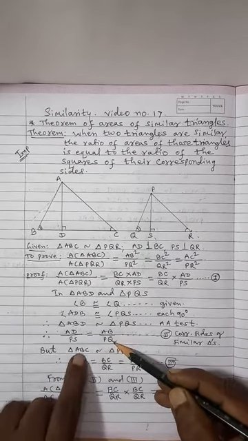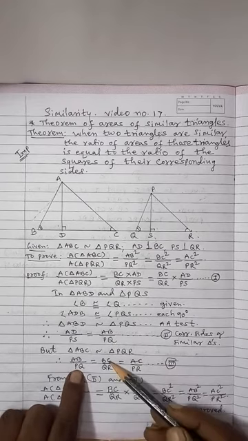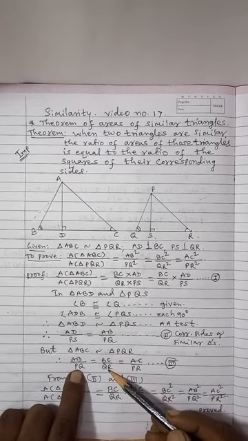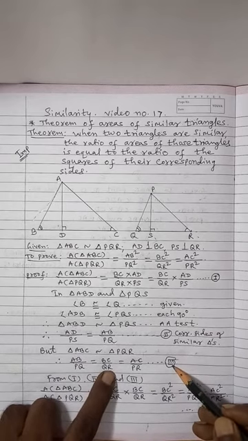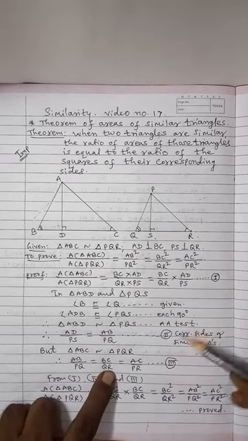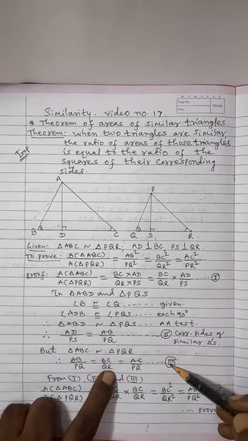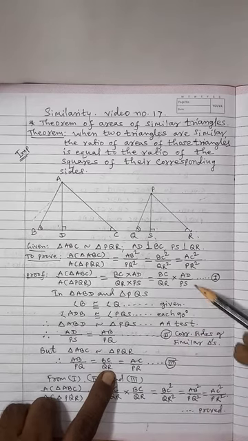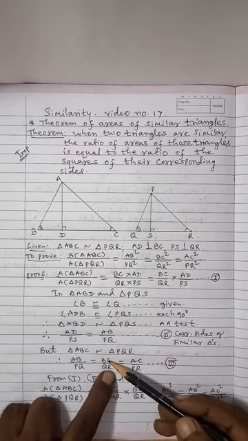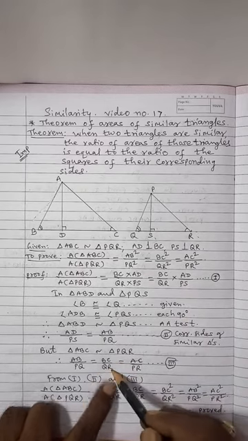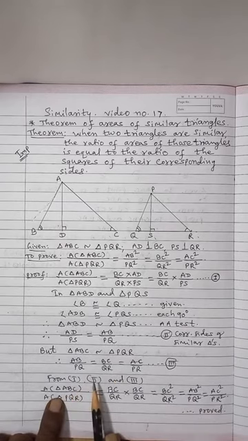But AB upon PQ is BC upon QR, from result number 3. So from 1, 2 and 3, this AD upon PS is replaced by BC upon QR.